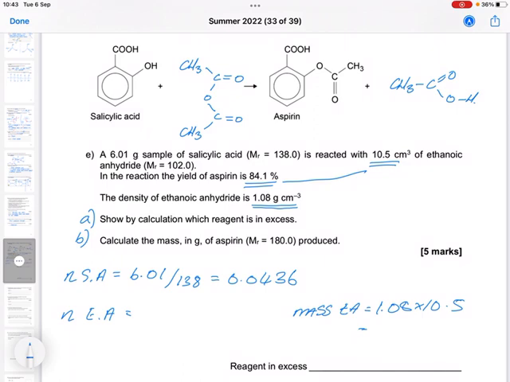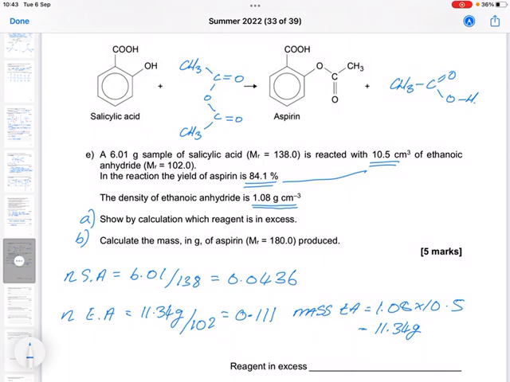That's 11.34 grams. Divided by the MR, which is 102, so 11.34 divided by 102 gives me 0.111 moles.